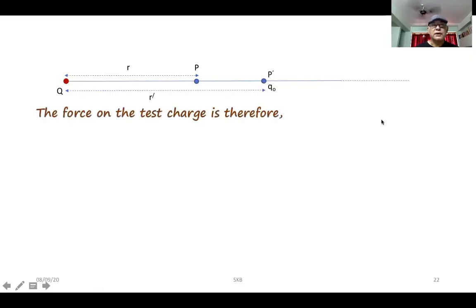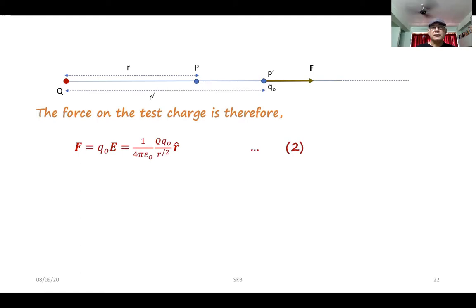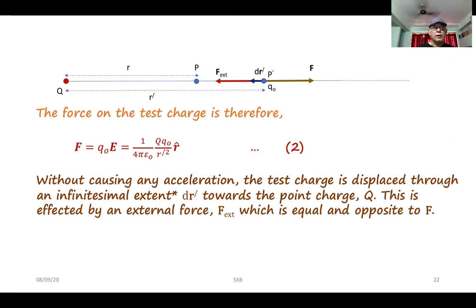The force on the test charge is therefore F equal to Q naught into E. The rest is as given in equation 2. Without causing any acceleration, the test charge is displaced through an infinitesimal extent dr dash towards the point charge Q. This is affected by an external force F subscript ext, which is equal and opposite to F.